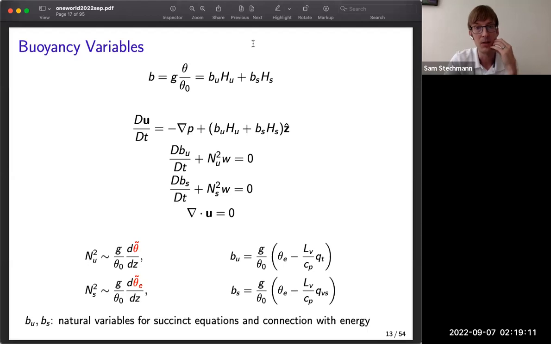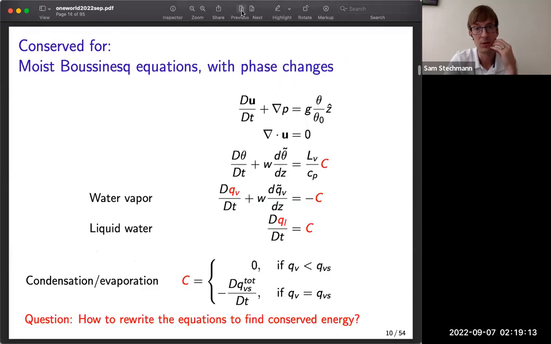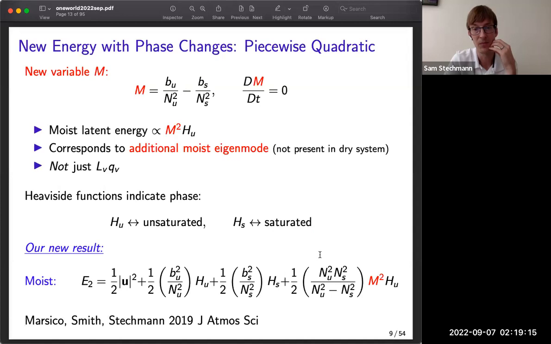Going back now, this extra piece in the energy, if I didn't have this Heaviside, then this would just be conserved and have no impact. So the role of this moist energy is it's latent energy and it's sitting around, and it's there in the unsaturated phase.